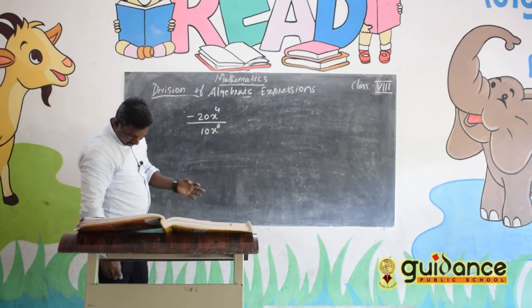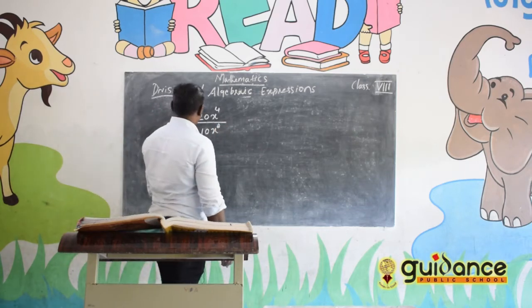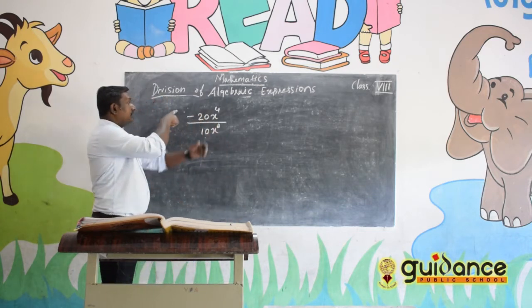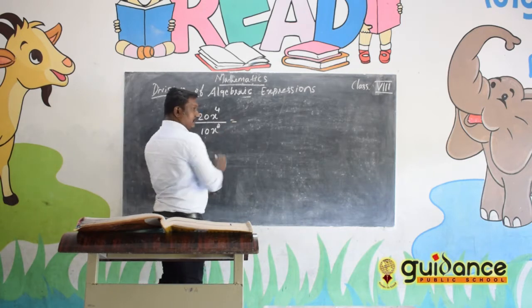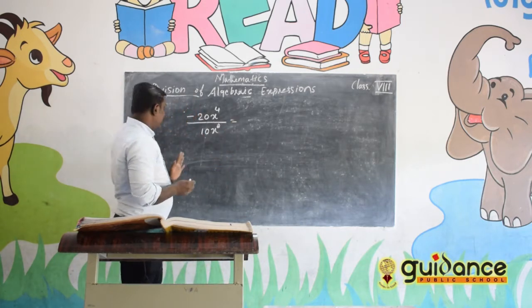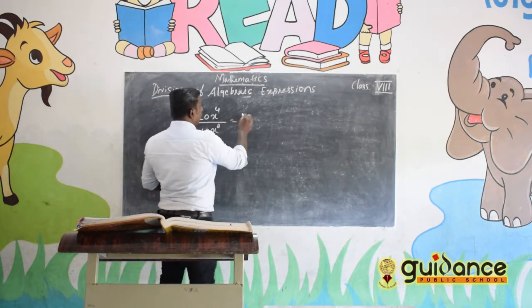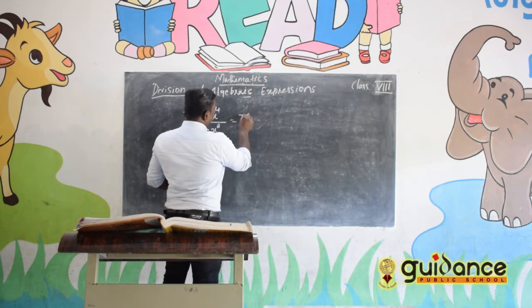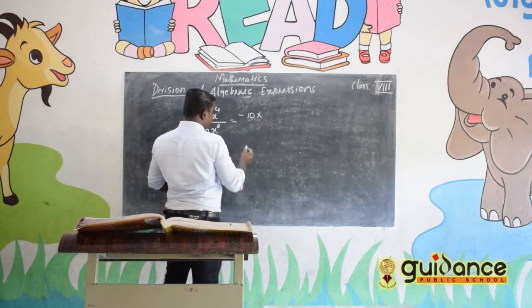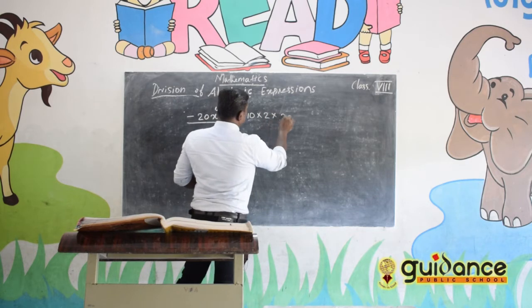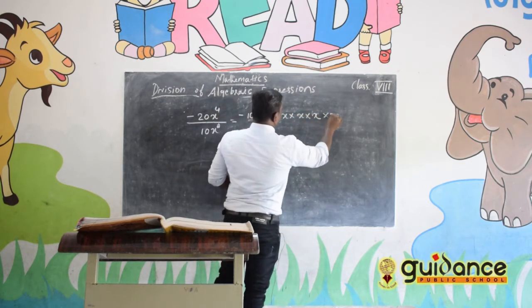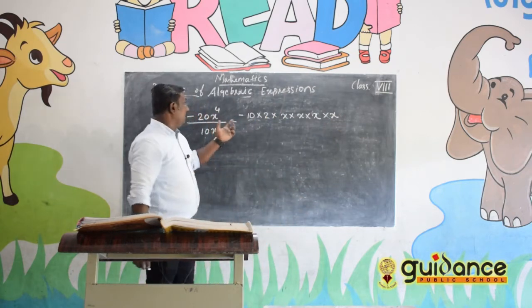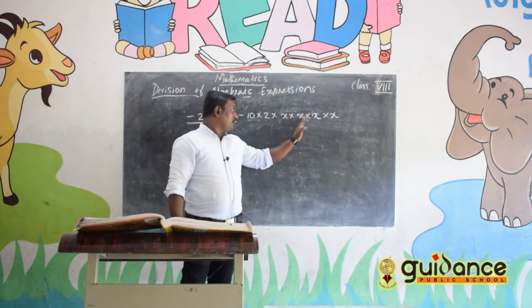How can we write that? First we factorize minus 20x raised to 4 into irreducible factors. So 20 we write as minus 10 into 2, and x raised to 4 we write as x into x into x into x.